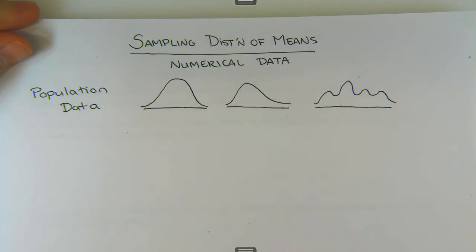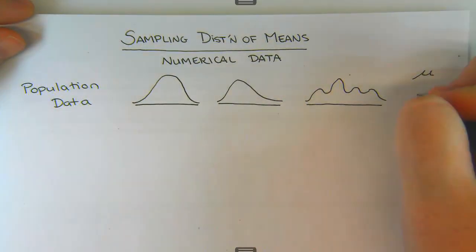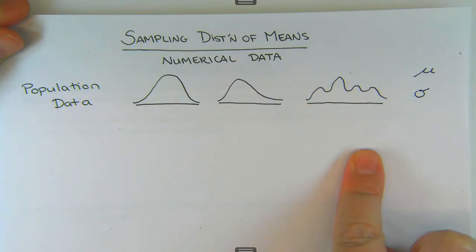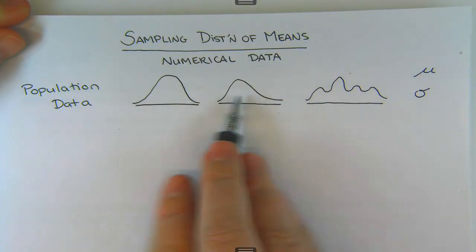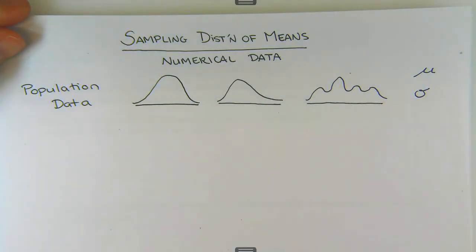But with each of these distributions, we're going to have some population mean and some population standard deviation. So this information's given to us. If anything, they'll just describe the mean and standard deviation and maybe in some wording tell us whether it's normally distributed or if it's skewed or what's going on with that population data.